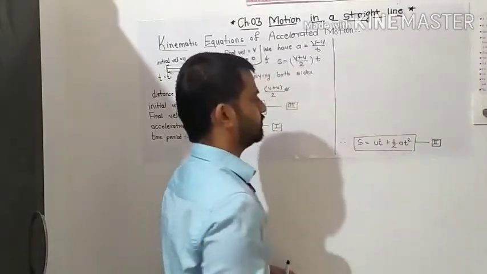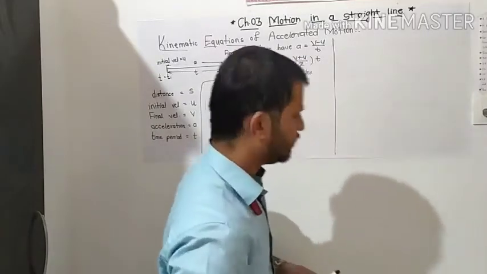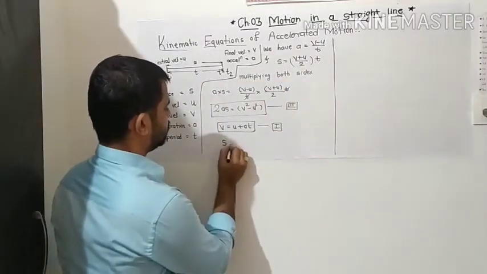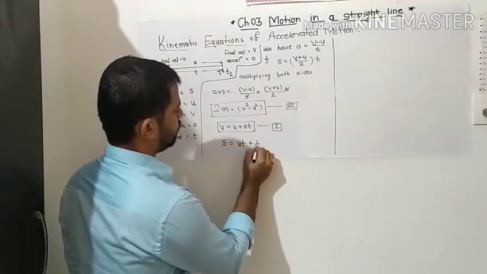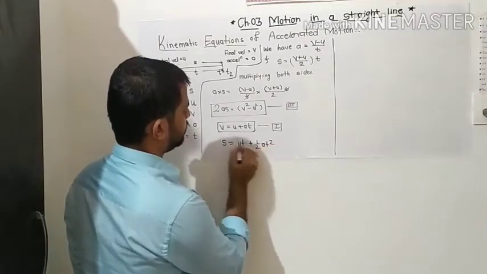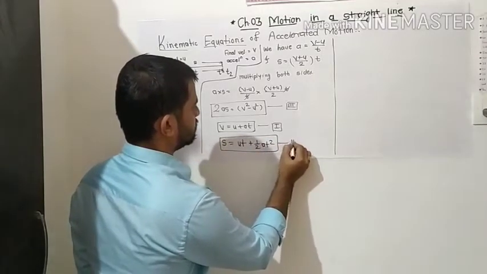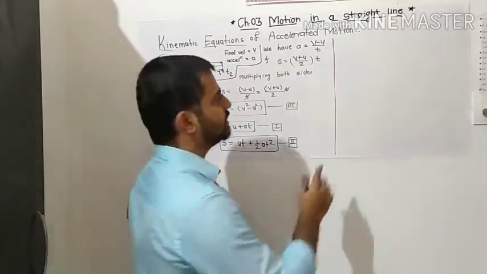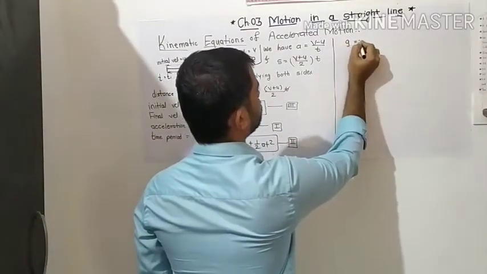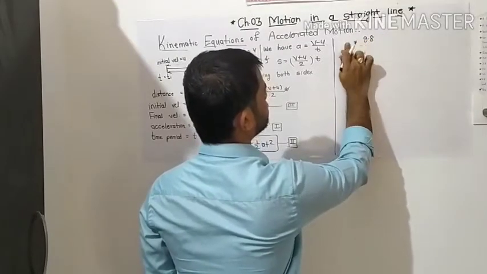Then in that case, we will write it here. The second equation is s = ut + 1/2 at², because we require this equation again. Then acceleration due to gravity, g, is given as g = 9.8 m/s², this is the small g.